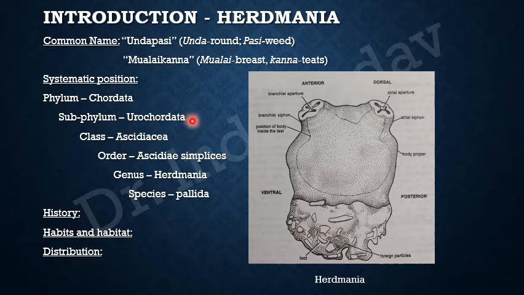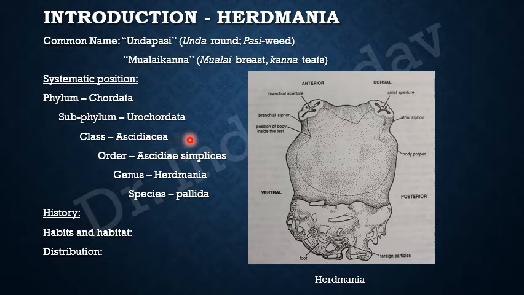The animals are covered by a tunic, and the class is Ascidiacea, order Aplousobranchia, and the genus is Herdmania, and the species we're going to do is Herdmania pallida. Now there are other species also, some common species like Herdmania ceylonica, Herdmania mauritiana, Herdmania inurensis, but the detailed description in this lecture will be of Herdmania pallida.